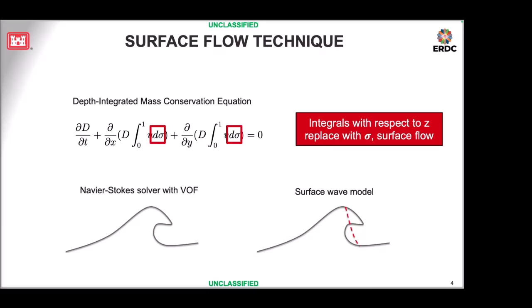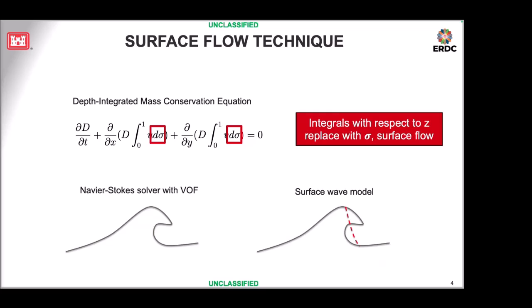To show this idea, one issue with FUNWAVE is the single value problem. On the left figure at the bottom, when you start having waves overturning, you don't have a single value to describe that wave for a single x transect.